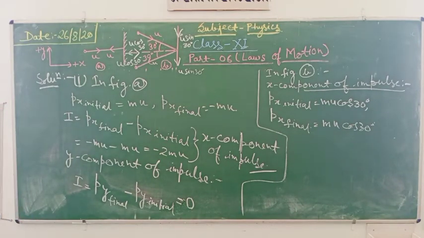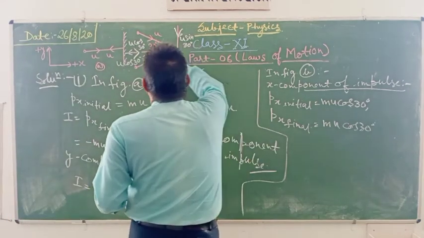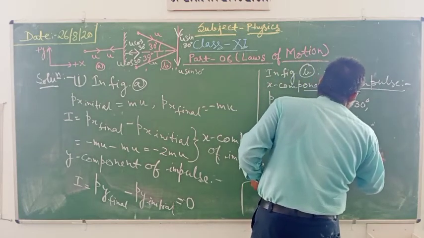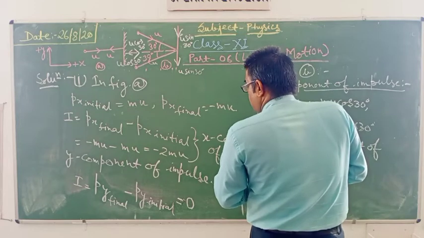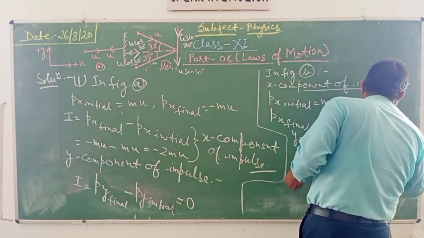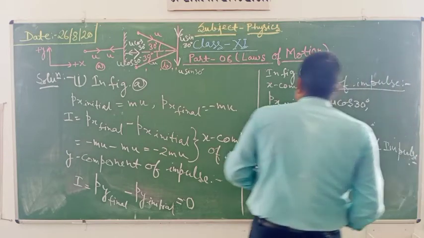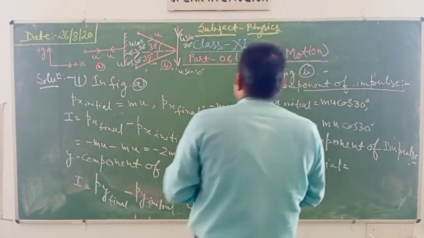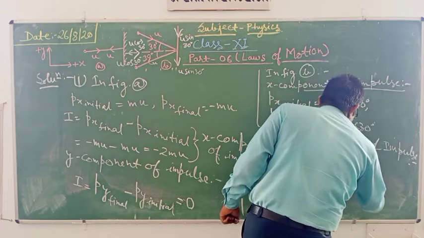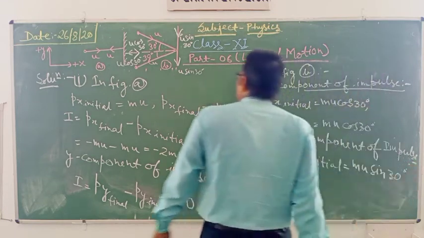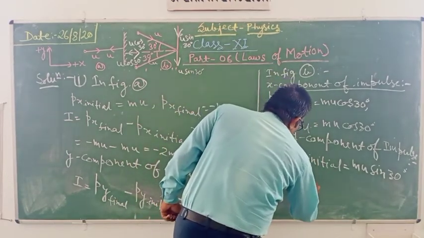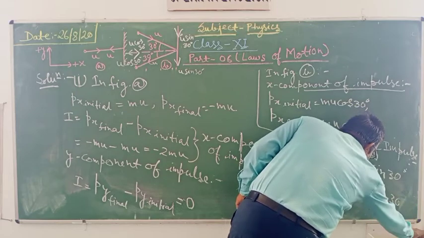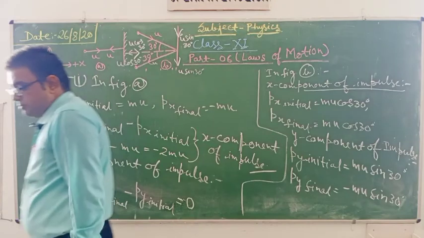Now on the y-axis, the y component, so Py initial is equal to minus mu sin 30 degree, and Py final is minus mu sin 30 degree.